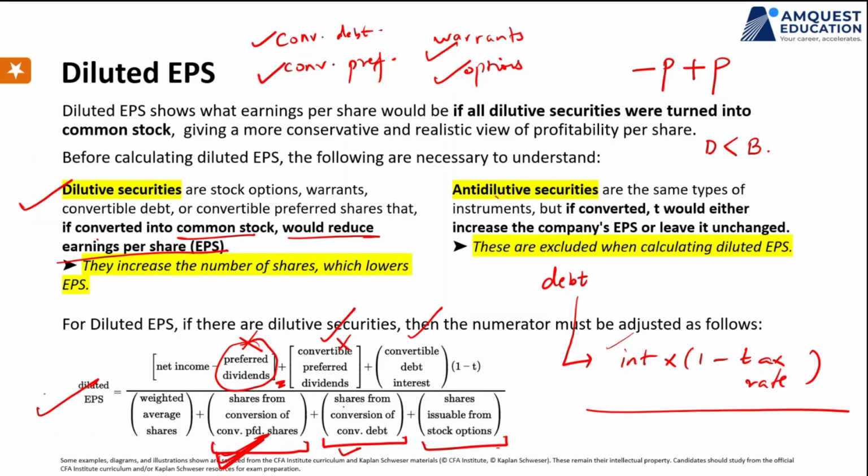But if these securities increase the EPS or leave it unchanged, which means if diluted EPS is greater than or equal to basic, then we call these securities anti-dilutive securities, which means they are not actually diluting it. After converting, they are actually resulting in an increase of your diluted EPS. So only if diluted EPS is less than basic, we call it dilutive securities. Else we call it anti-dilutive securities.